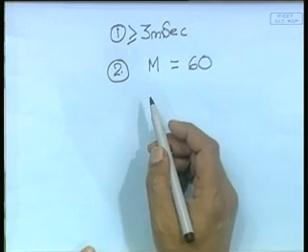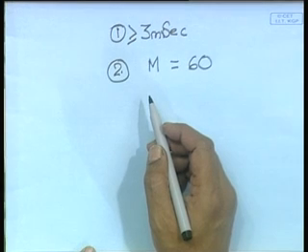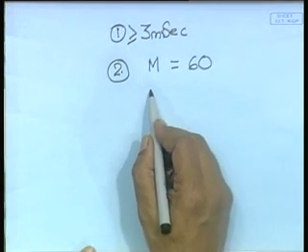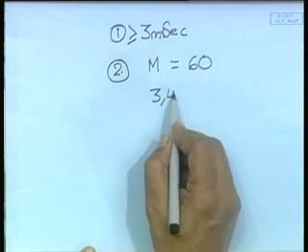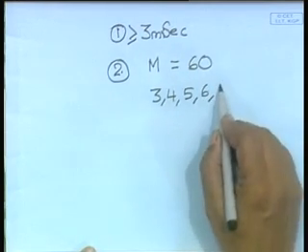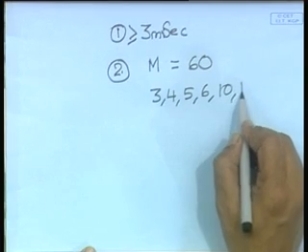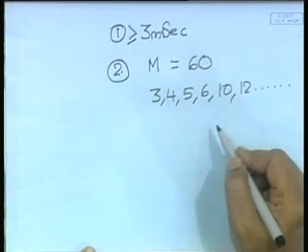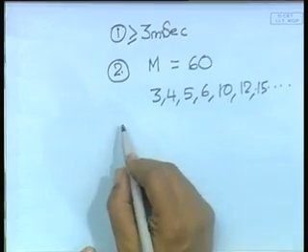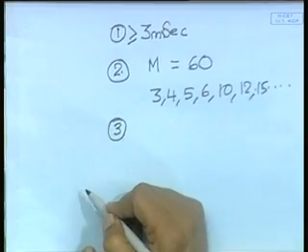Anybody would like to answer this question? So, 3, 4, 5, 6, 10, 12 and so on. So there are many frame sizes, 15 etc. Now, let us look at the third constraint.